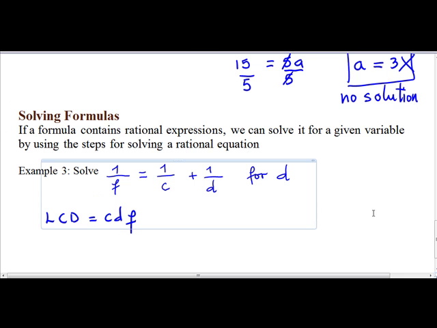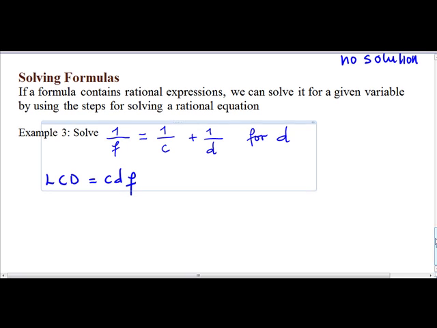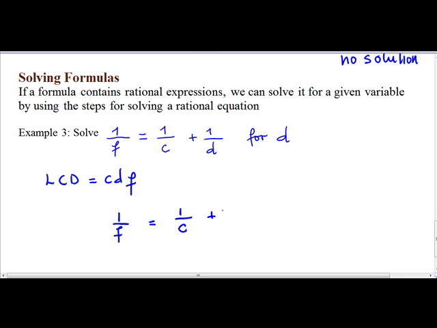And now we're going to multiply both sides of the equation by the LCD. I just copy the equation down. So I'm going to multiply this here by the LCD.